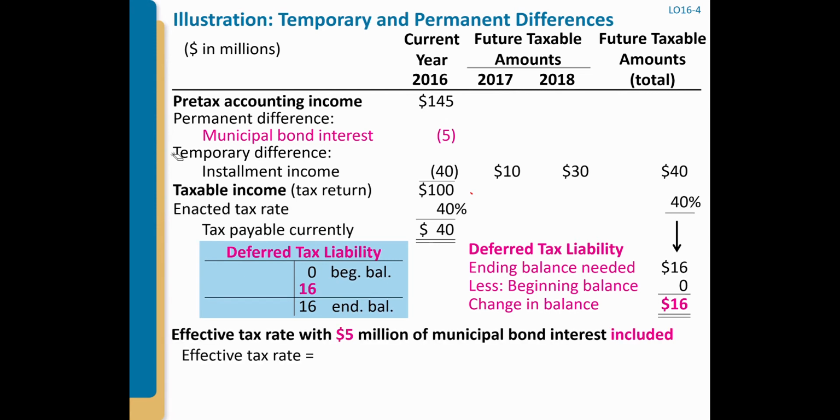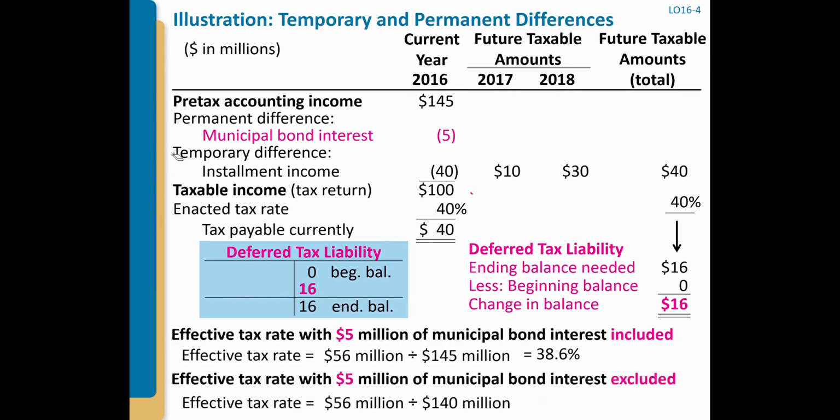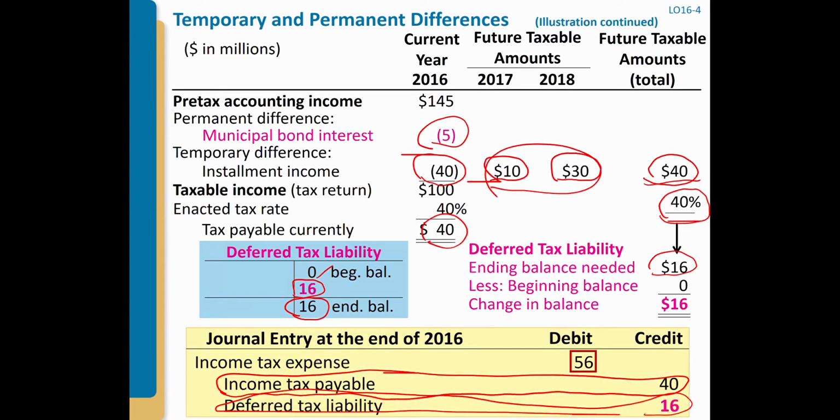Okay. So here we talk about the effective tax rate. If you want to include the 5 million of municipal bond interest, the effective tax rate will be: pre-tax income is 145, and total tax, income tax expense, is 56.